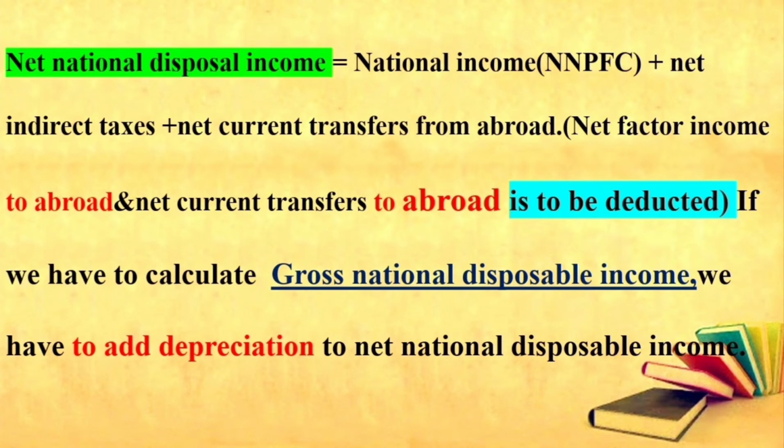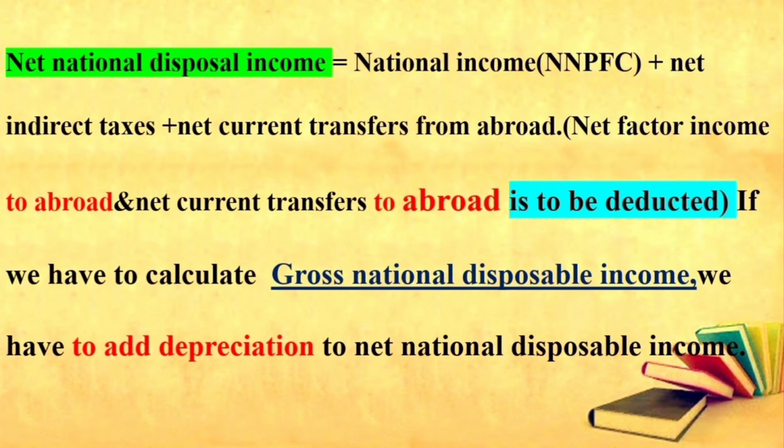So we have to keep in mind always the income from abroad is to be added, but income to abroad is outflow of money, outflow of capital. So net factor income from abroad and net factor income to abroad. Likewise, net current transfers from abroad and current transfers to abroad.